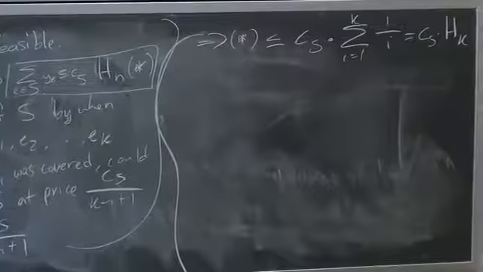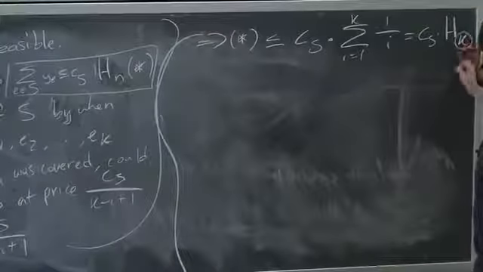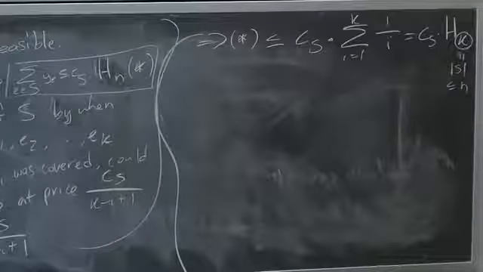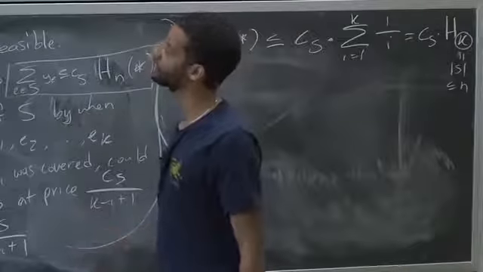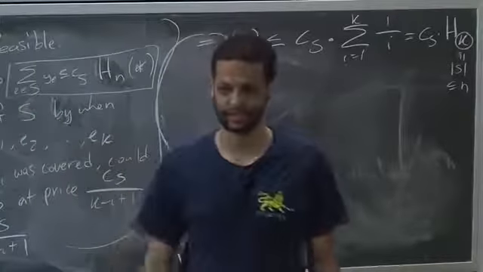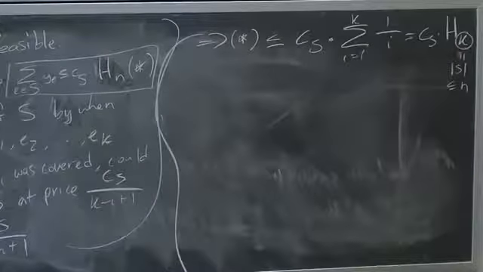Okay? And k is the size of S. Remember, k here is the size of S, which is certainly at most n. In fact, we proved something stronger. We proved that if all the sets in your set system have size at most k, then greedy actually gives you a log k approximation. Okay, so that's it.